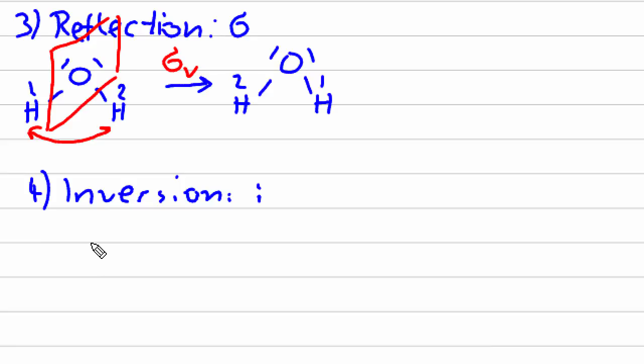So let me take another one. Let's use carbon dioxide for this example. So that's the Lewis structure of carbon dioxide. You have the double bonds between oxygen and carbon here, and here you have two lone pairs on the oxygen.